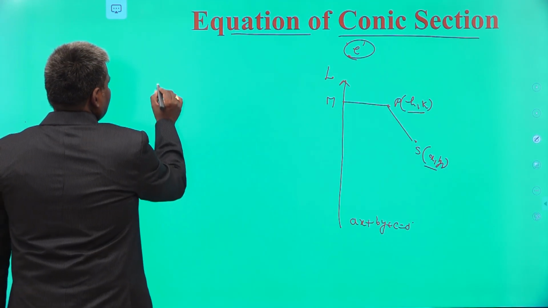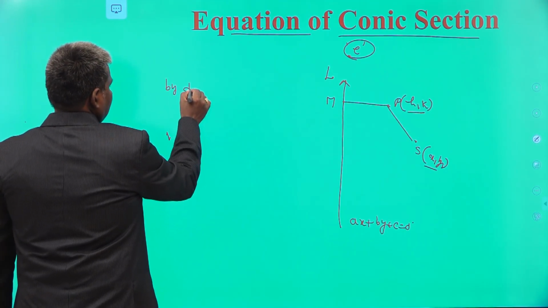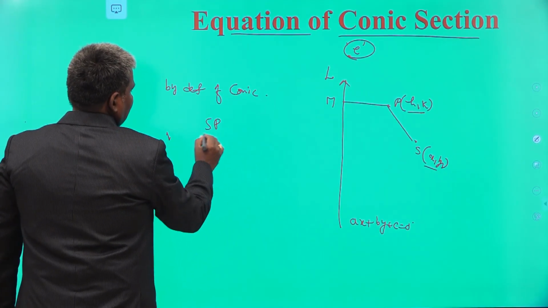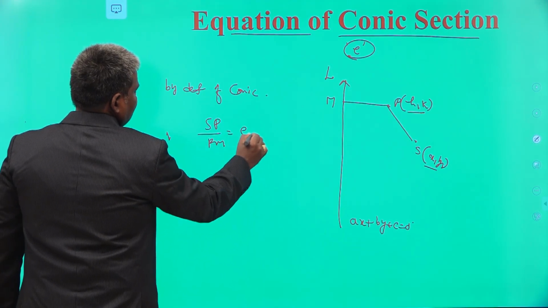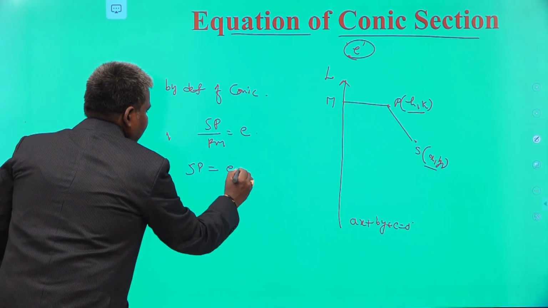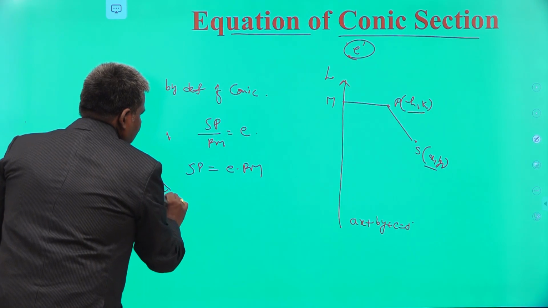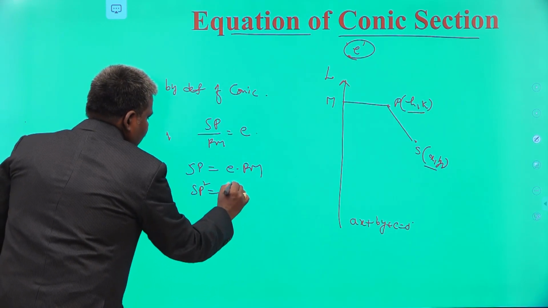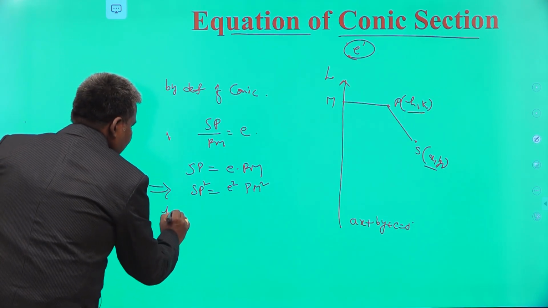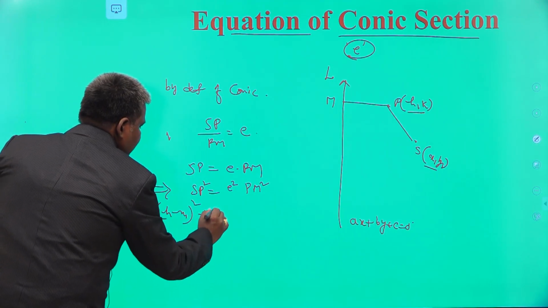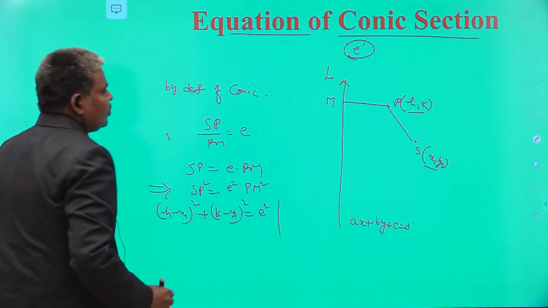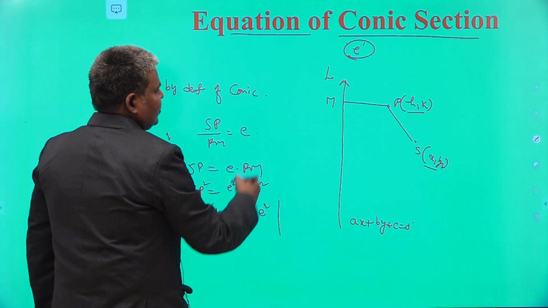By the definition of conic, SP by PM is equal to E. Now SP is equal to E into PM. Squaring on both sides, SP square is equal to E square into PM square. SP square means (h minus x1) whole square, the two-point distance, plus (k minus y1) whole square, is equal to E square into the modulus of PM, that is the perpendicular distance from P to the directrix.